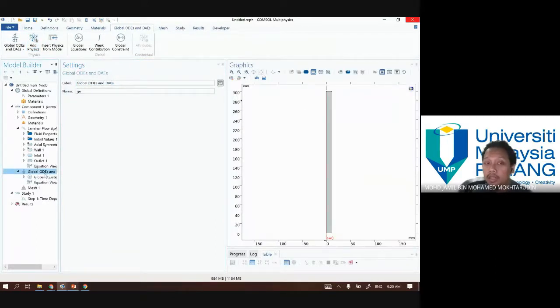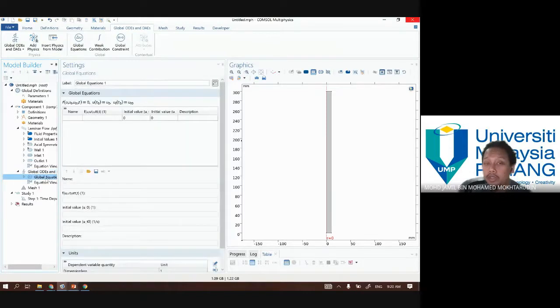And then in the global ODEs, you go to the global equation. Then you can write the equation for the Windkessel model or the circuit. It's already given in the slide, so just write it out. So P out equals, so copy paste.